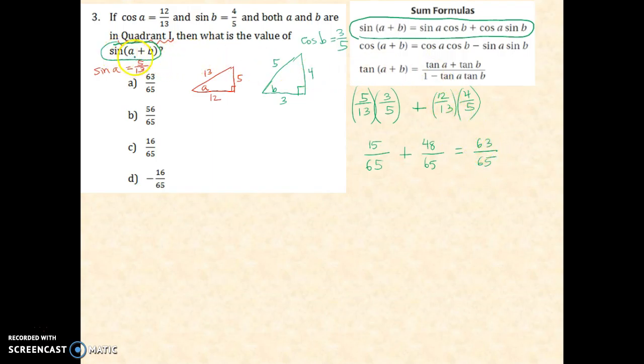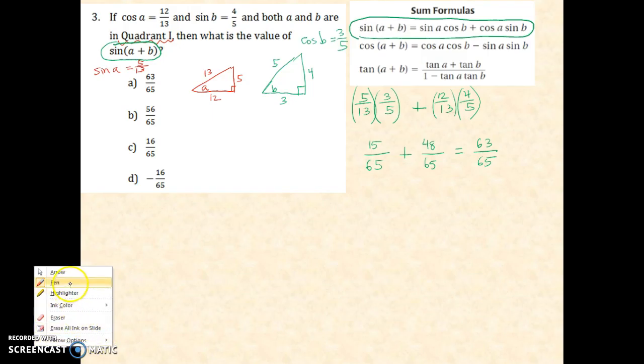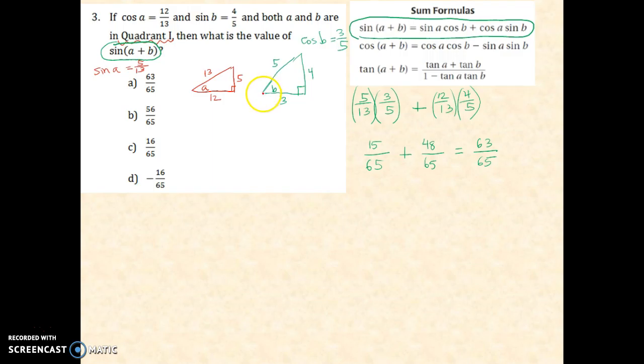So sine of A plus B, and if you want to visualize what sine of A plus B is, all you would need to think of is take this angle A and add it on right here, and now we're talking about what's the sine of this big old angle right here. So sine of A plus B would be 63 over 65. And that, my friends, is A.